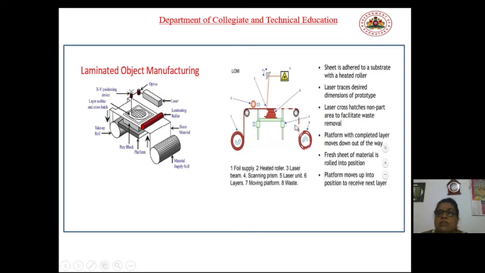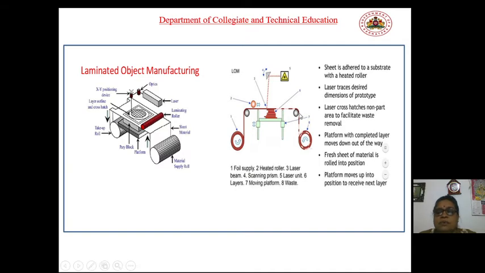There are steps involved in this process. The first step is that the sheet is adhered to a substrate with a heated roller, that is the sheet is being spread here. The laser traces the desired dimension of the prototype. This laser light traces and maintains the required dimension of the prototype.